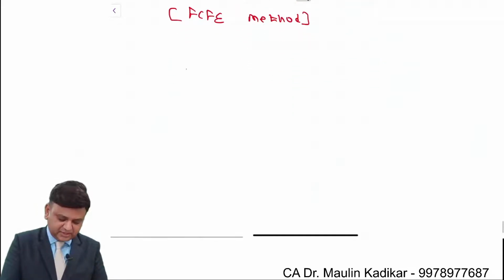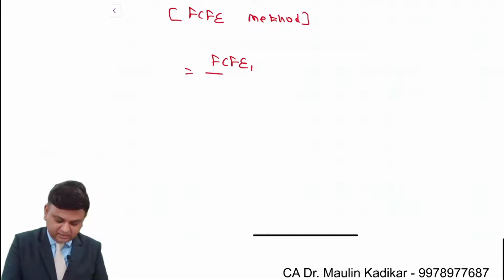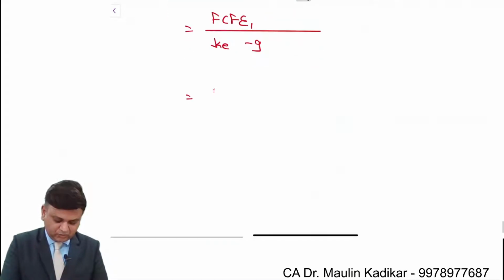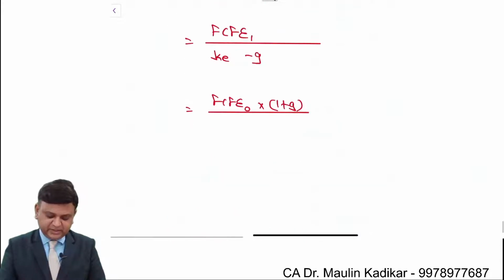It will be computed like this: free cash flow for equity for the first year divided by K minus G. So free cash flow for equity of year 0 into 1 plus G, so it is converted to the end of year 1, divided by cost of equity, which is 8.86%.